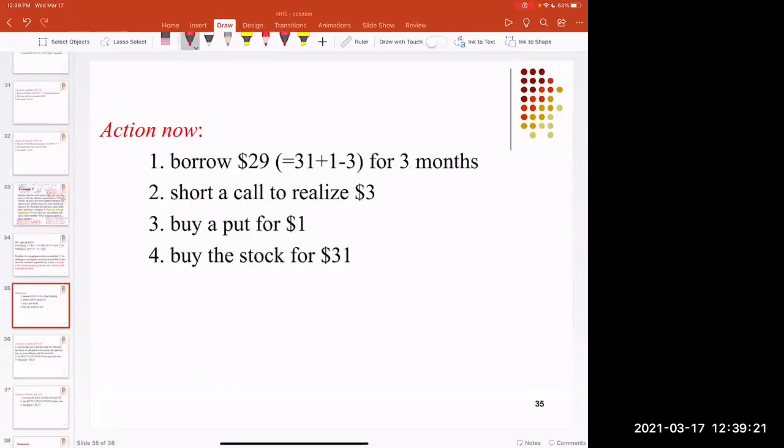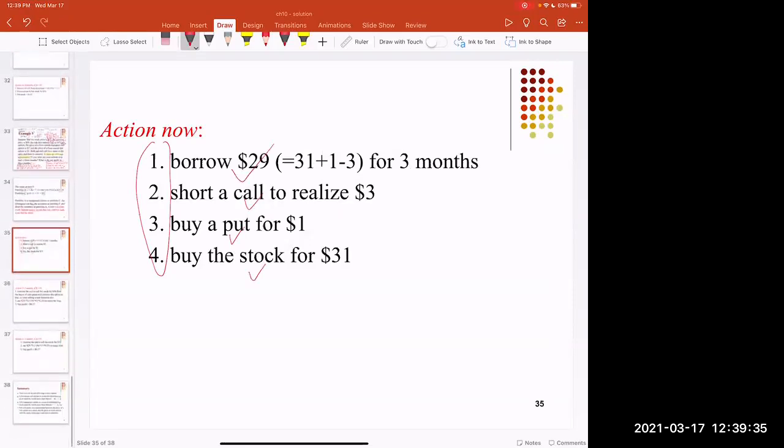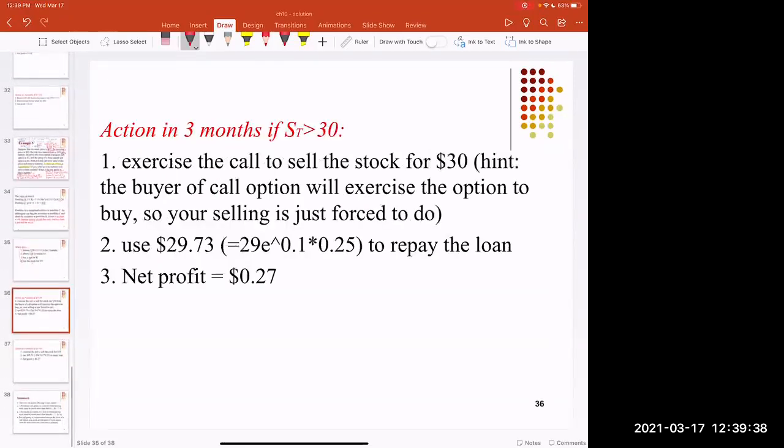Okay, so normally we have 4 actions for a put-call parity strategy: one is for the call, one is for the put, one is for shares, and the other is investment in bonds. And then for the actions in 3 months, you have to differentiate the 2 cases, which is stock price higher or lower.